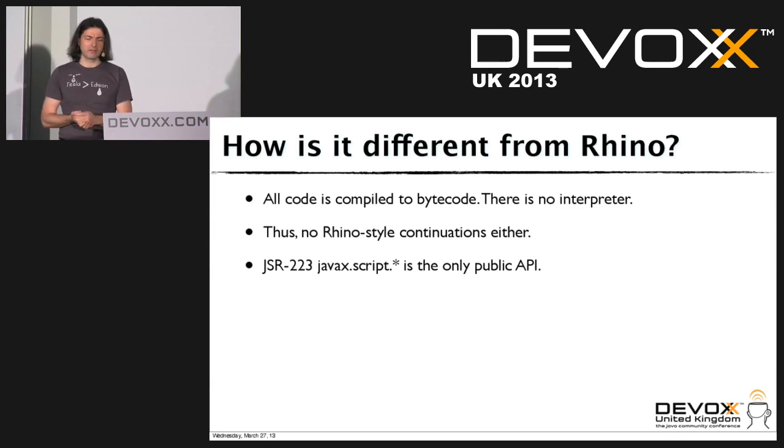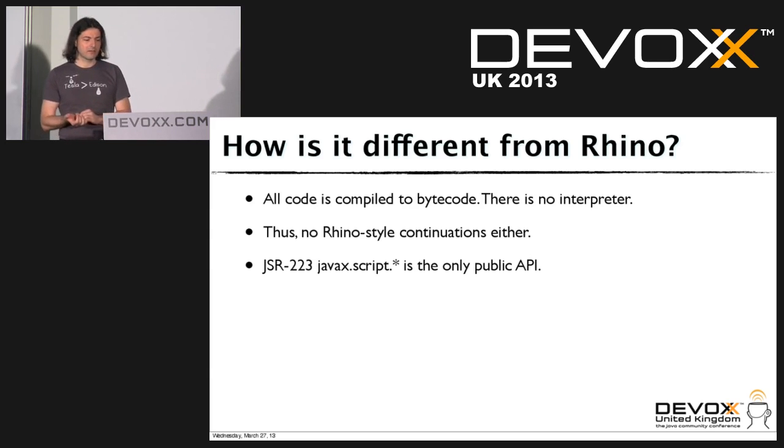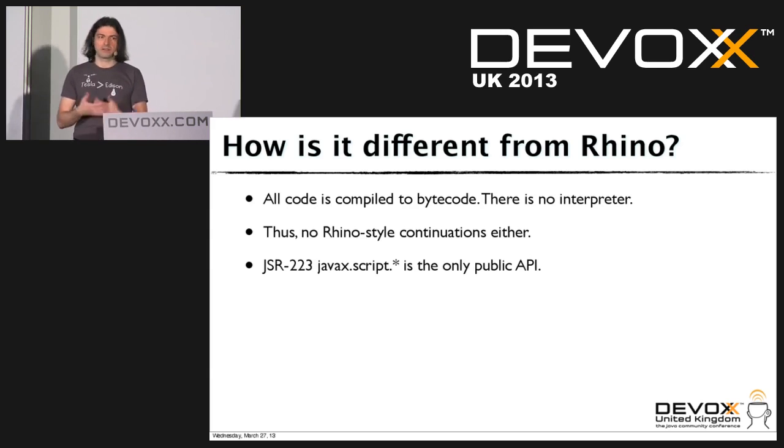I actually used to earn my living building mission-critical systems that were running tens of thousands of scripts in parallel using continuations. So it was nice to have, but obviously if you compile to bytecode, you can't have it. You can't have even tail calls, right?